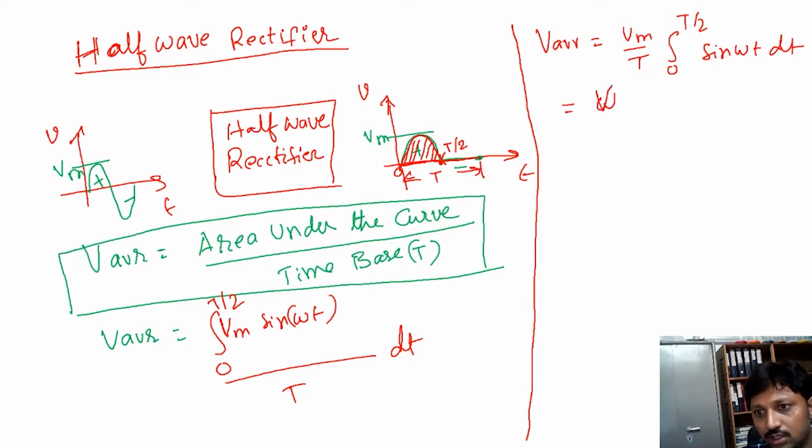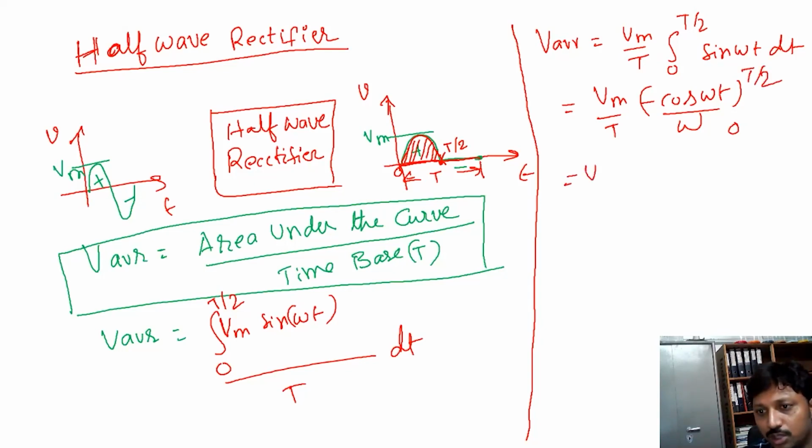When you integrate it, you will get Vm by T times minus cos omega t, divided by omega. Here omega actually won't come with dt. So what is our limit? 0 to T by 2.